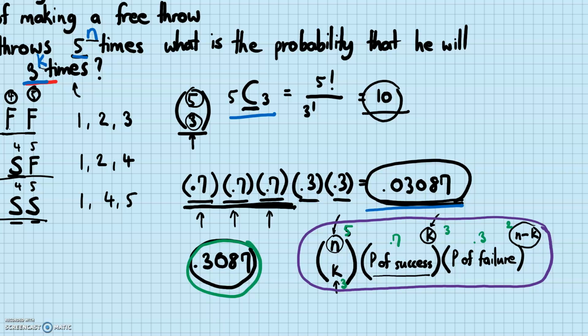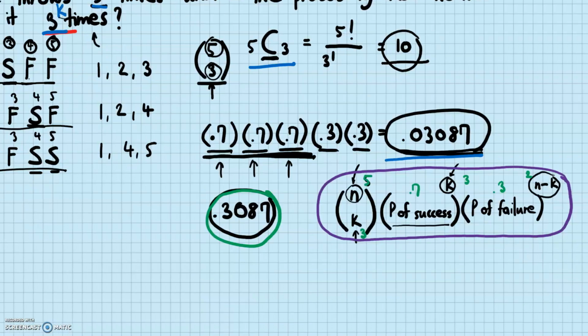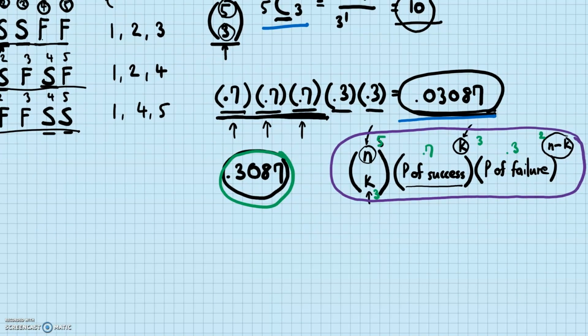Okay, so now let's extend this problem, and let's change the question to not how many times will he get exactly 3 baskets, but what's the probability that he will get at least 3 baskets? At least 3 baskets. And this was the case with 3 baskets.